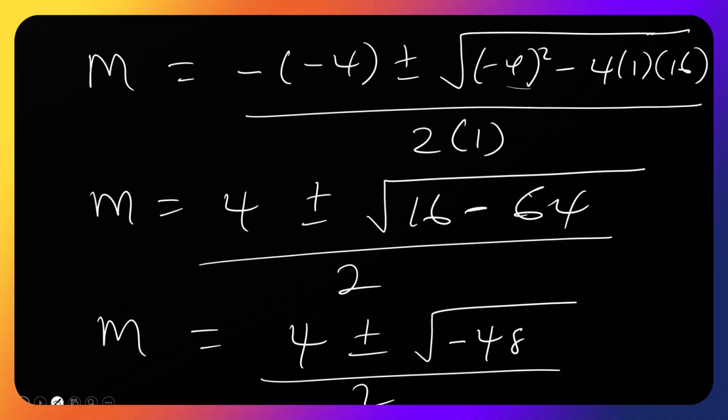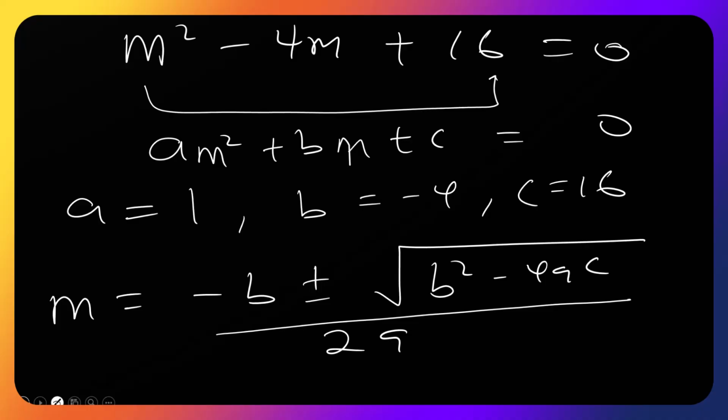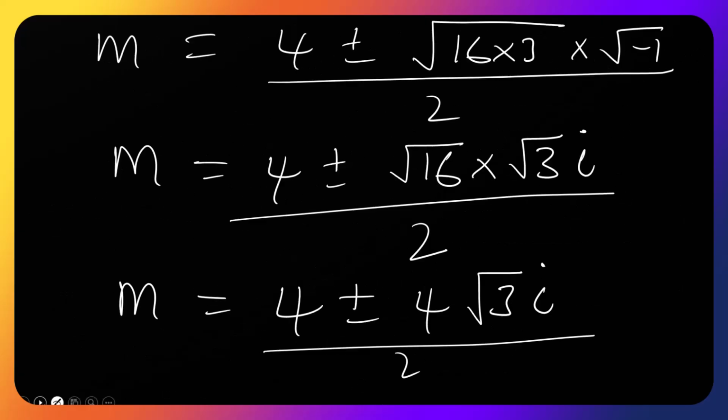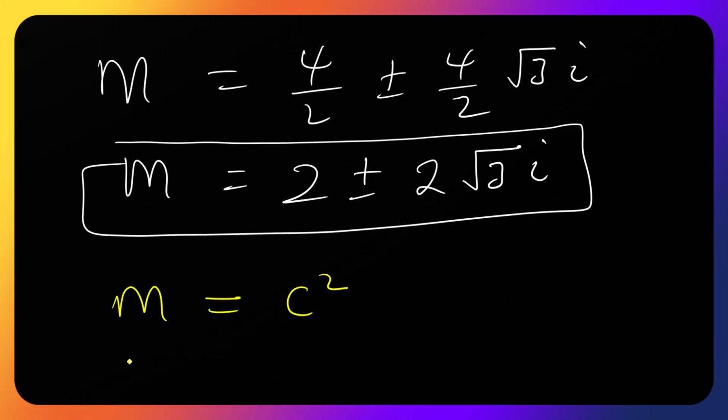Now, what is m? The first answer for m is minus 4. So we have minus 4 equals c squared, which is the same as c squared plus 4 equal to 0, so c squared plus 2 squared equal to 0.